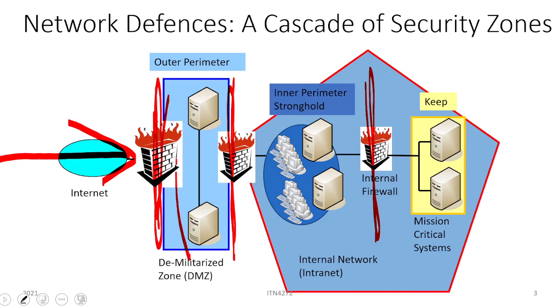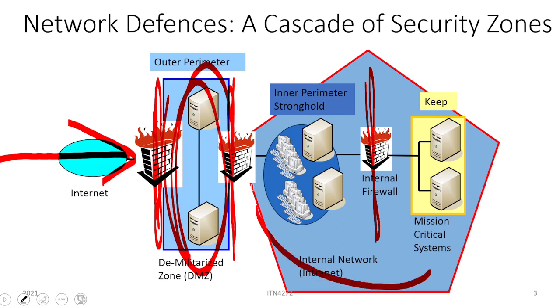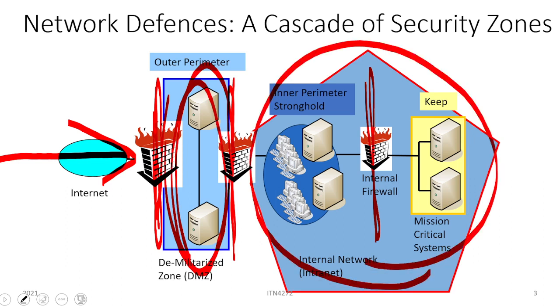Then we may have certain areas as demilitarized zones that would be separate from our main internal network. Our internal network can again be behind another firewall, and there we'll have a lot of internal systems.